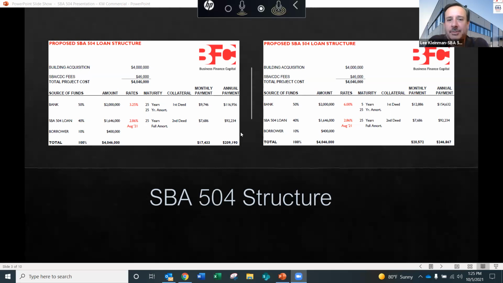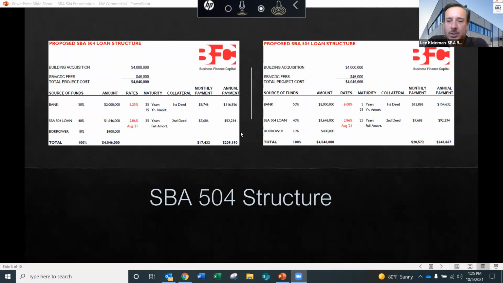Now, the 7A program has higher rates, higher fees, and if you don't put 15% down, you have to pledge additional collateral equal to 5% of the project cost. So there's a few reasons why I feel, and most others feel, the 504 is more favorable.